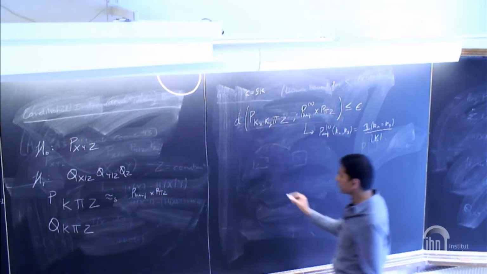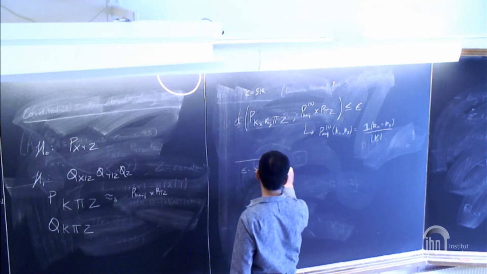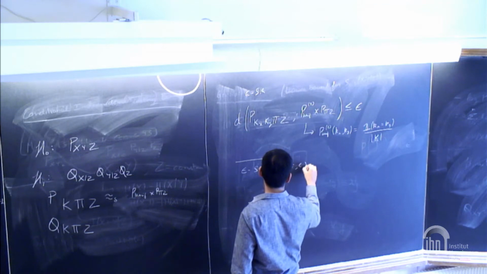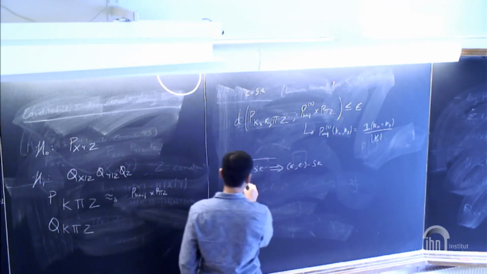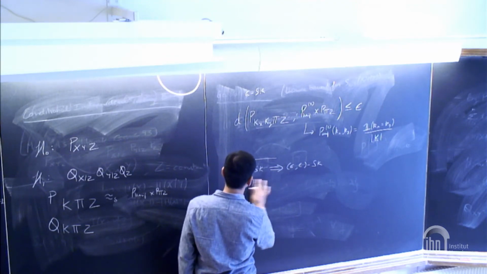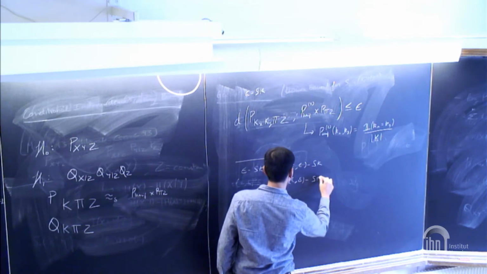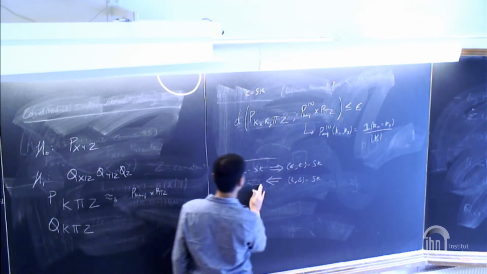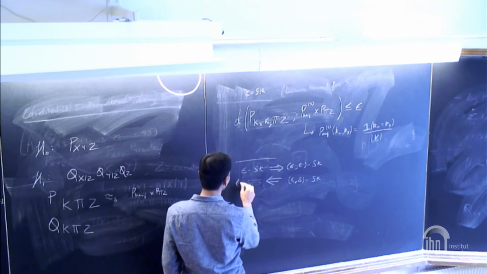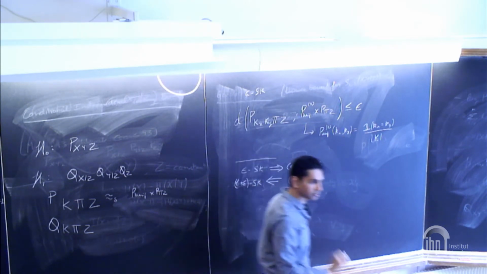So just a small remark: an epsilon secret key in this sense implies an epsilon secret key in the previous sense, and an epsilon delta secret key in the previous sense implies an epsilon plus delta secret key in this sense. You can show this, very simple.